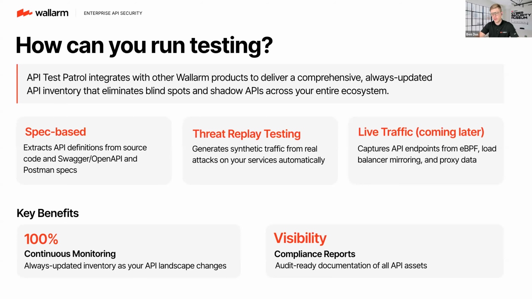Yeah, thank you, Avi. Threat replay testing is one of the first features that works in combination with our filtering node and relies on traffic data. But our ultimate goal is to allow our users to run tests based on live traffic, and in that case you would be able to avoid creating the Swagger or Postman specs prior to testing.